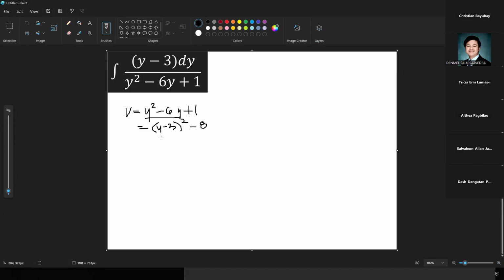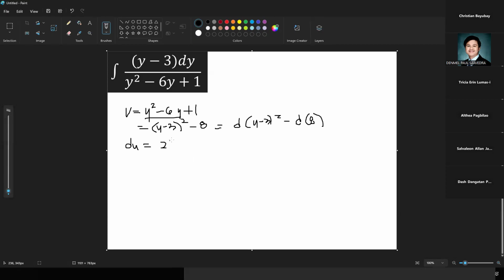Do you guys still remember your u? And then the derivative of this one, if you're going to derive that one entirely, of course you can do that one by parts. So it's the derivative of y minus 3 squared minus the derivative of a constant 8. When deriving this one, it's the same with the n minus 1.